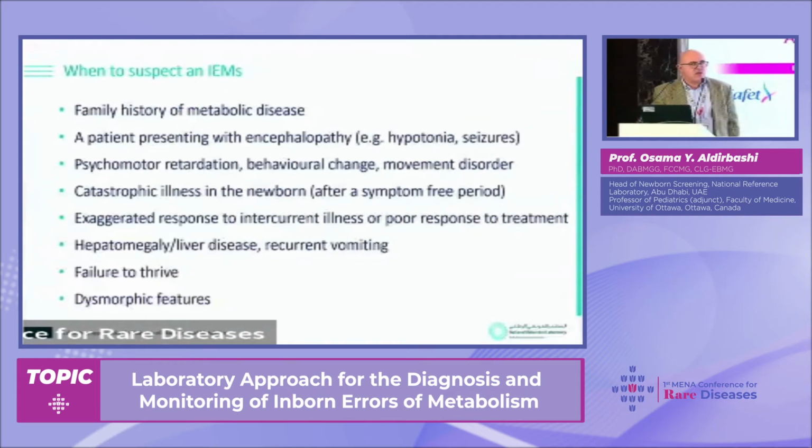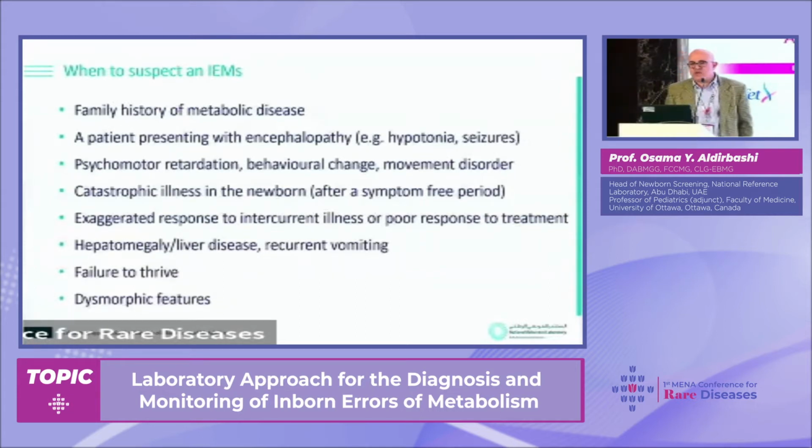So we are trying to treat the symptoms and they are not going away, and that tells us there is something underlying this causing the poor response, or causing an exaggerated response to a common illness. Patients with failure to thrive, dysmorphic features, or developmental delay are also suspected and worked up for inborn errors of metabolism.